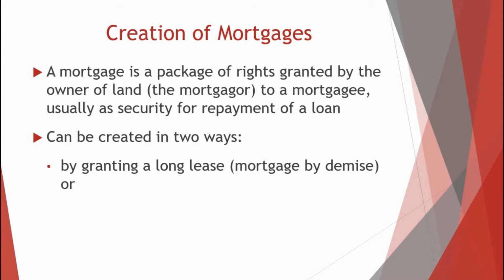The lease provides that the mortgagee will not be entitled to possession of the land unless the mortgagor breaches the terms of the mortgage, and also contains a provision for cesser on redemption, meaning that the lease terminates automatically if the mortgage debt is repaid.